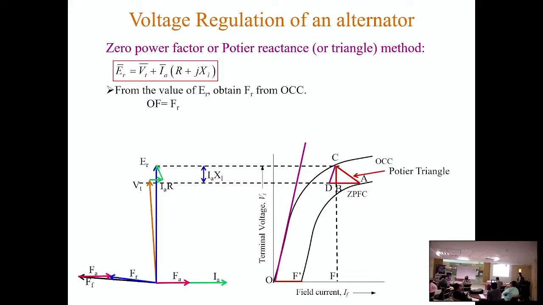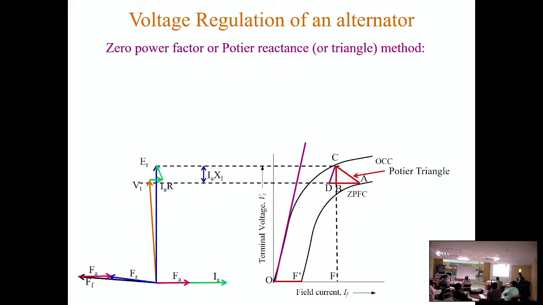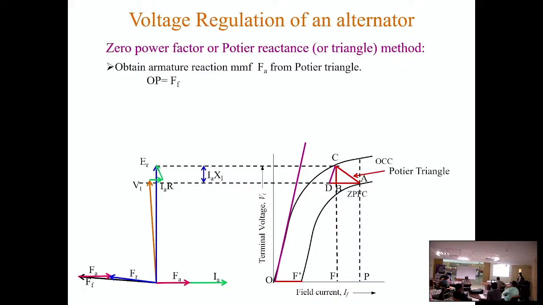So OF equals FR and armature reaction. So draw one vertical line from this point, and that will intersect OCC at some point. So OP is actually this EF. PF, that means from this point to this point, that is FA. Why?